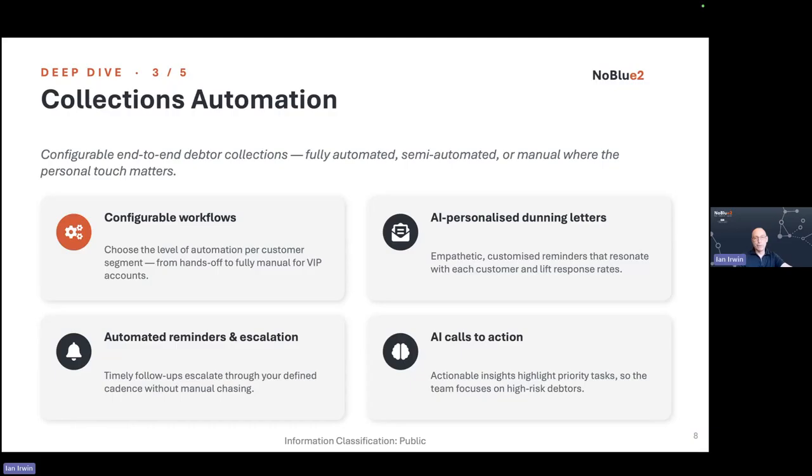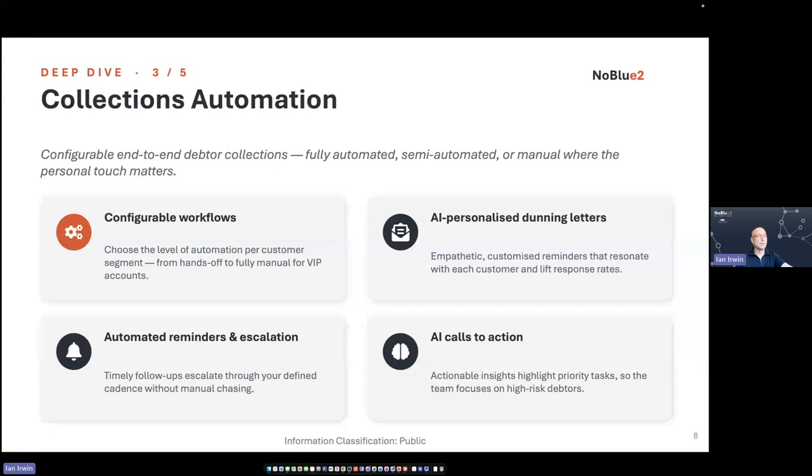Moving through quite swiftly, collections automation is obviously a very key area of functionality that we're providing in TaskCollect. It's a huge area where automation can really bring a lot of value to every company in terms of chasing customers for payments. We leverage AI throughout, and we're really putting TaskCollect into the driving seat.